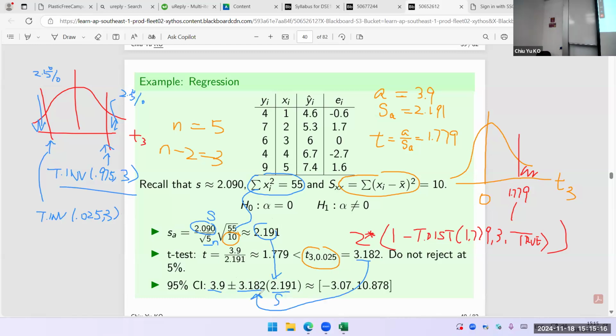So the intercept is basically useless. It can be as low as -3 and as big as 10, so it includes 0. But it doesn't really matter anyway. Most of the time the intercept is not something we care about. Sometimes we care, but most of the time we don't. But that is the idea.